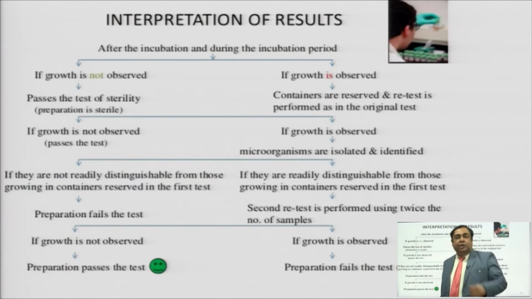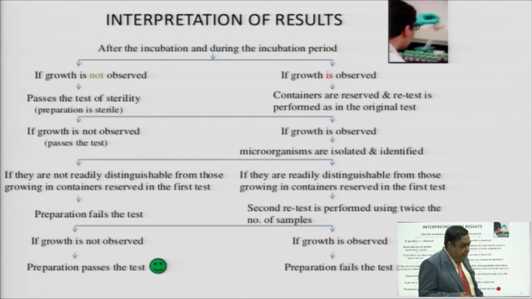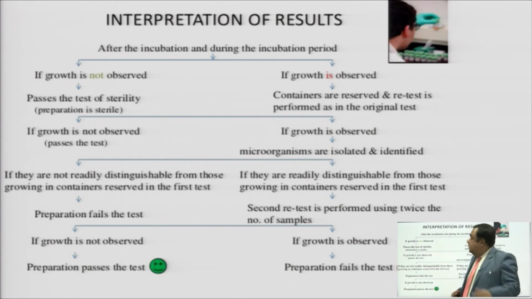Now, let us come to the interpretation process, or how to interpret the results. After you put that membrane filter in a bacteriological or in a fungal medium, there are two situations, whether it will be turbid or not turbid. Turbid means growth is there, clear means there is no growth.